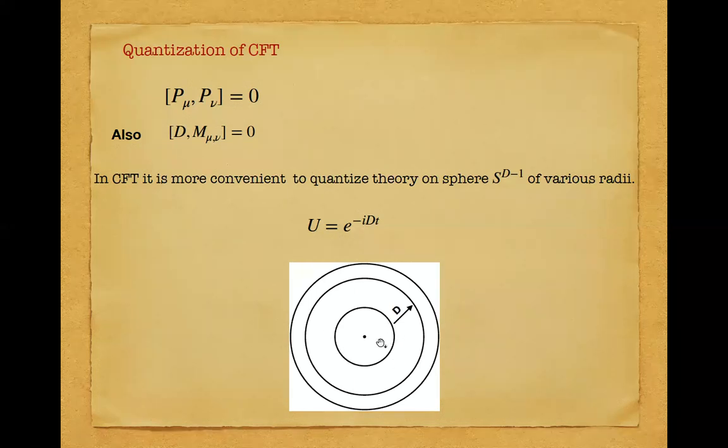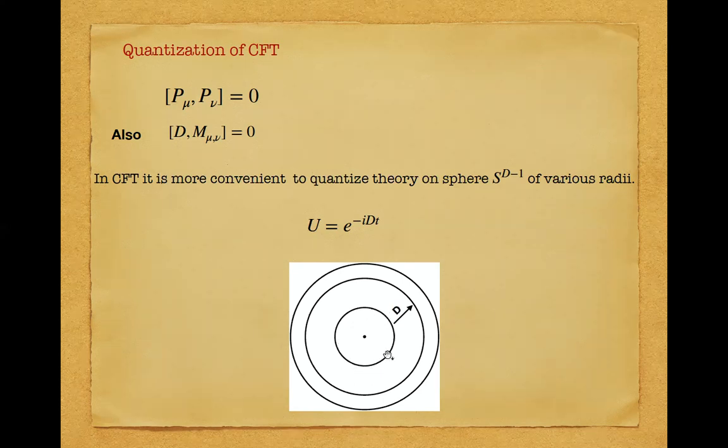If we are in d-dimensional spacetime, these are the (d-1)-dimensional spheres at some radius r. The evolution from one sphere to another is generated by the dilatation operator, which is basically the scaling operator. So the Hilbert space will be associated with this (d-1)-dimensional sphere at a particular radius.